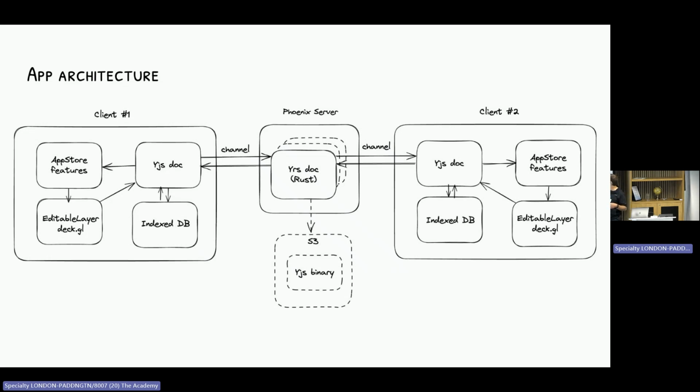Then it will be synced with the app store. In the app, I use Zustand, like Redux but with much less boilerplate. Basically, you can pass the YJS doc directly to Deck.gl because the data structure is compatible, so we don't need to convert it to JSON.